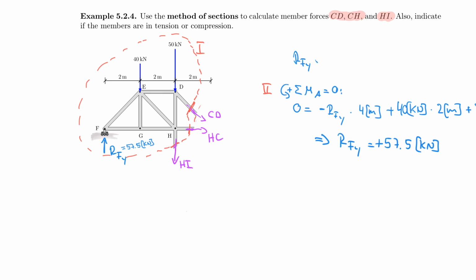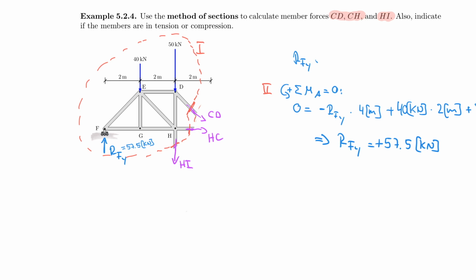And the easier one to calculate would probably be HI by taking the sum of the moments about point C, because then CD and HC disappear and all I have to deal with is HI. So let's write down that equation.